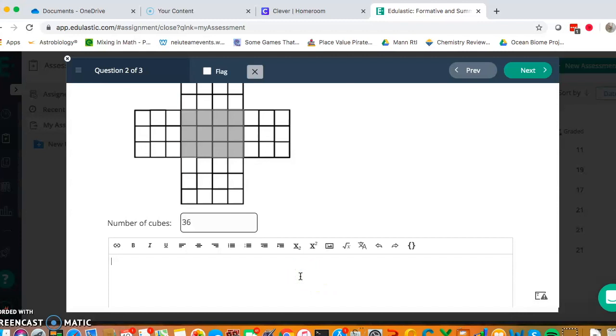And my answer would include some kind of explanation. So I realized that the shaded part is the base. And then that you can multiply the base by the height to find volume.